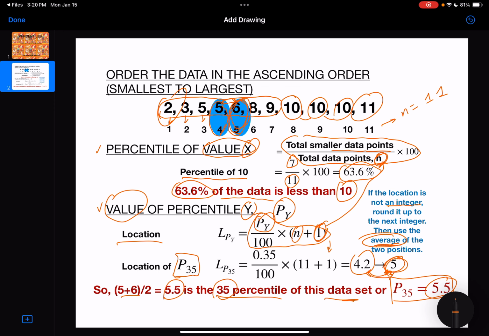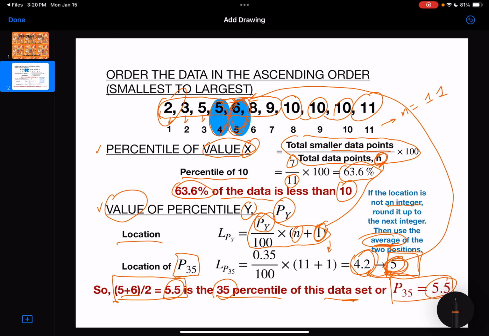You just round the location up to the next integer and use that integer position in order to find the value that corresponds to the percentile. So for a smaller data set, use the average. For a bigger data set, just use this location, not the average.